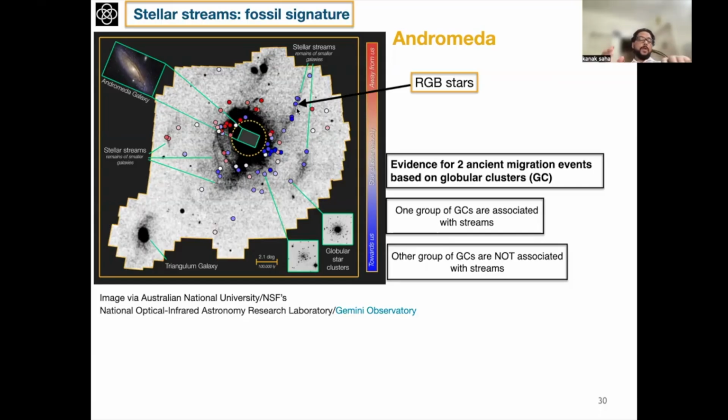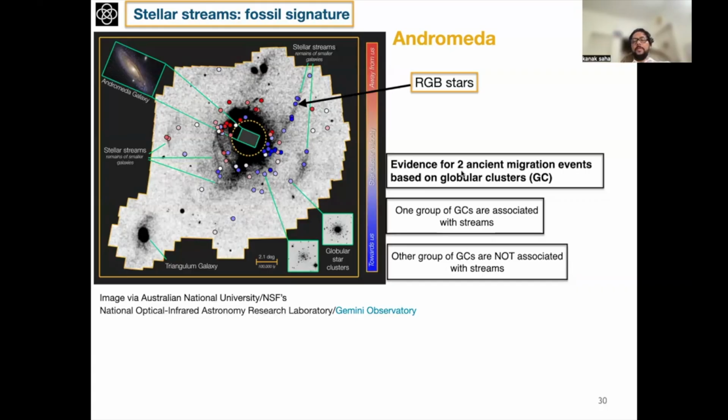These stellar streams probably originate when a satellite or dwarf galaxy fell into the Andromeda halo, and got disrupted or shredded by the galactic potential, and they appear like streams of stars. These are streams of old stars, mostly RGB stars, through which we can locate these streams.